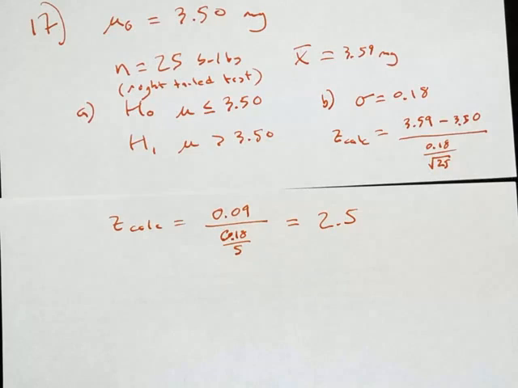Now I need to know what confidence we want to have. So I can ask, we're doing a right tail test at a 1% significance.